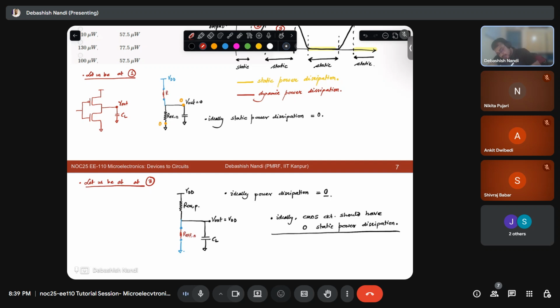In this case, this is an R off of N. As soon as there is a path, current starts to flow because it is seeing ground here. This node is grounded, V out is 0. This is your phone's battery.